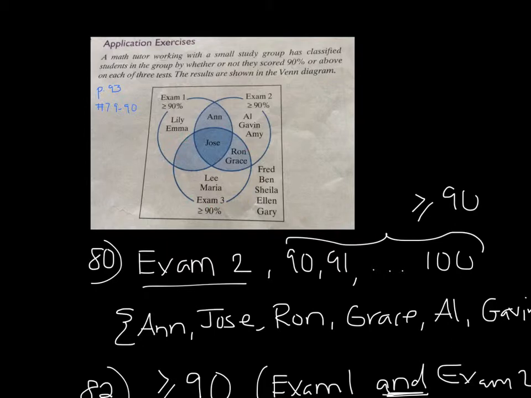So Jose, Ron, Grace, Lee, and Maria are the only people who scored at least a 90 on exam 3.